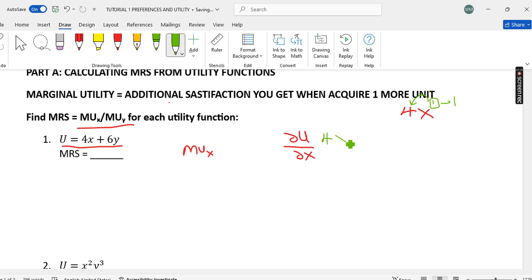So you get 4x to the power 0. Now remember, anything to the power 0 is the same as 1, so you don't even need to write the 4x to the power 0. So our answer is 4. MUx equals 4. Any questions?